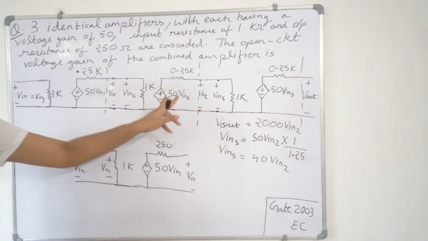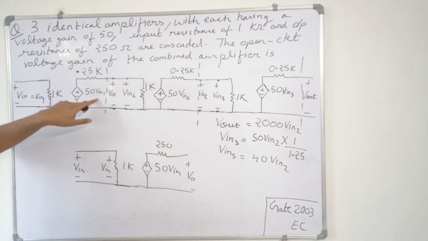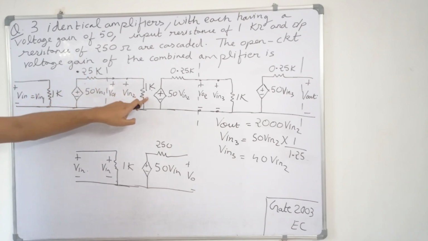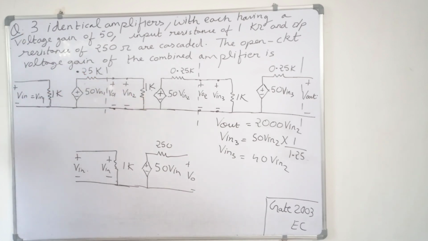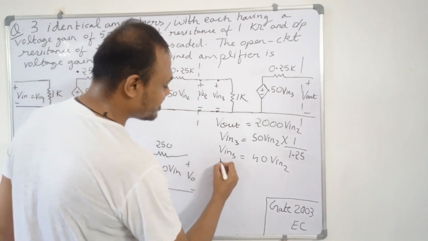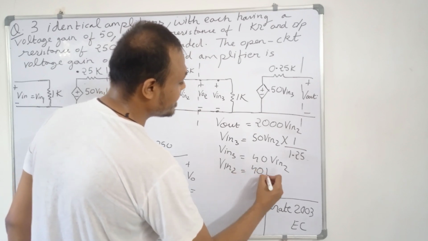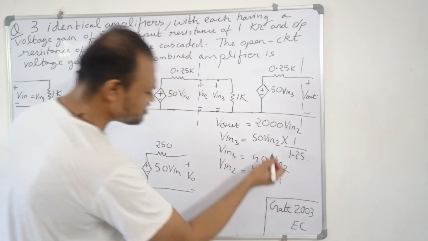Similarly, this is Vin2 and this is Vin1. This is the output resistance of the first amplifier and this is the input resistance of the second amplifier. Again by the voltage divider rule, Vin2 equals 40 Vin1.